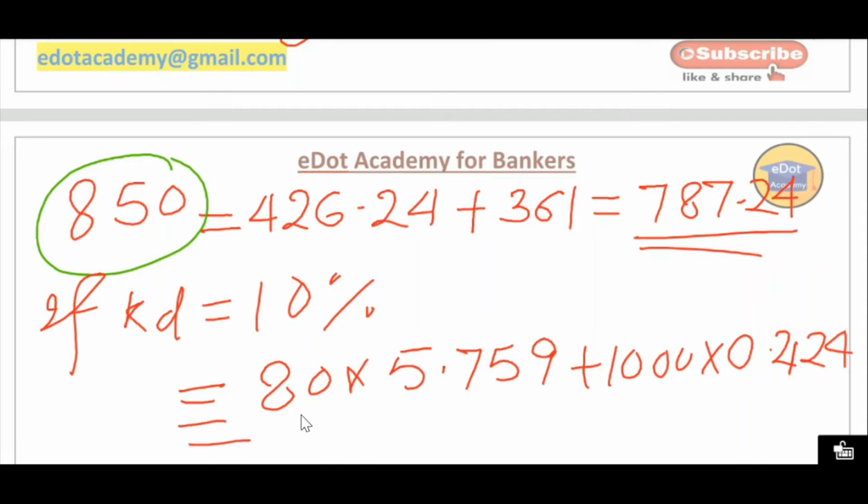Now put the value and multiply 80 into this. Use the calculator here. Making the total, we get 884 plus 72, so I got this value. This value is greater than 850. So this shows that our YTM lies between these two values, 10% to 12%. Now we are going to find the exact value by the interpolation method.